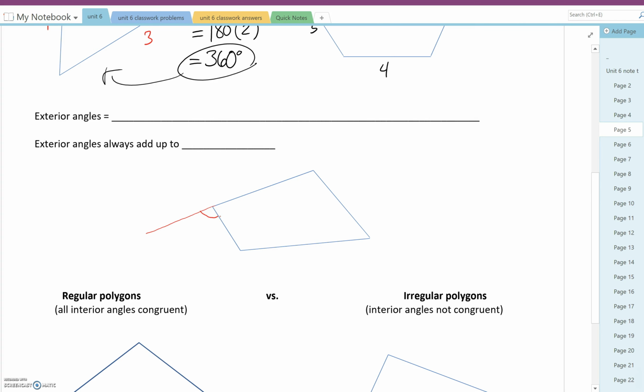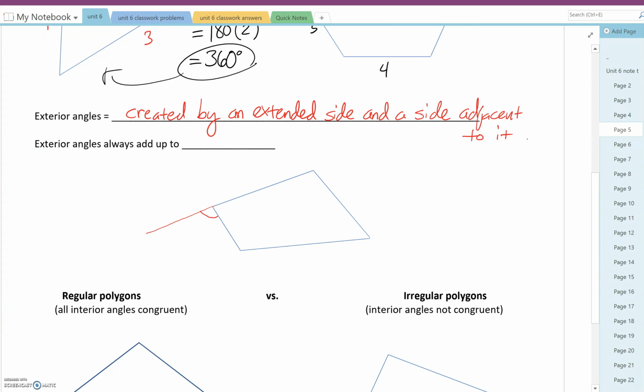So if we want to write a definition for exterior angles, they are created by an extended side and a side that's adjacent to it. Okay, so an exterior angle.